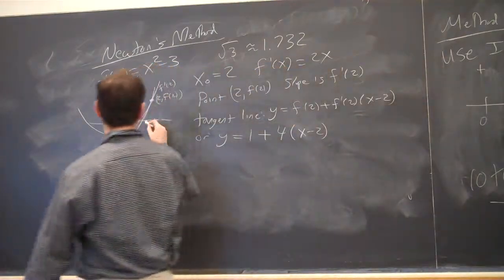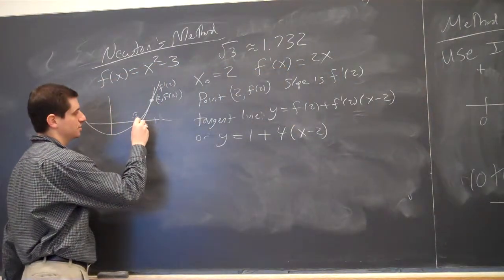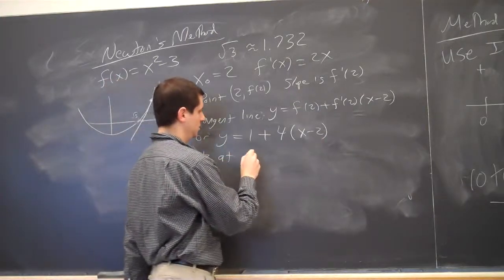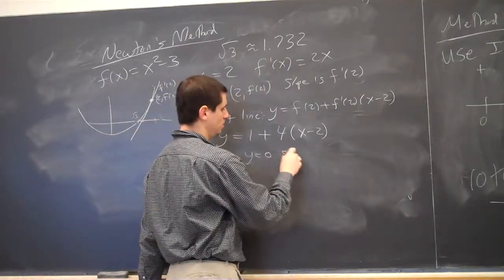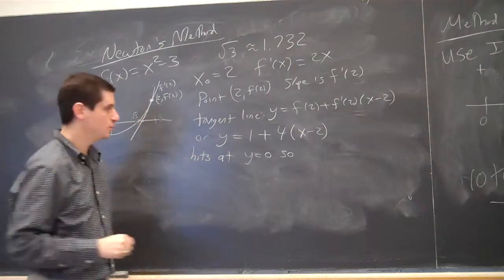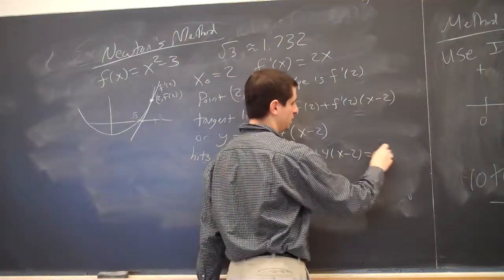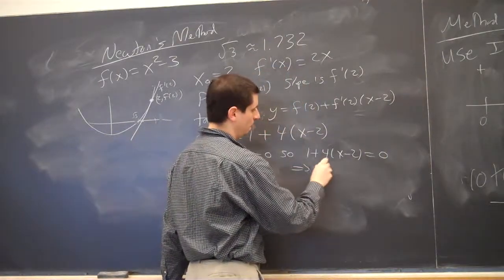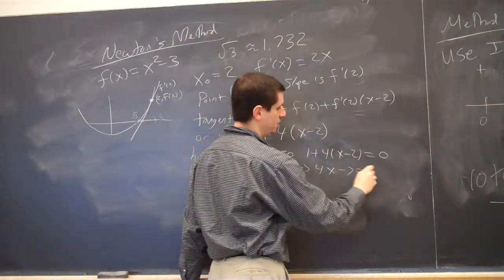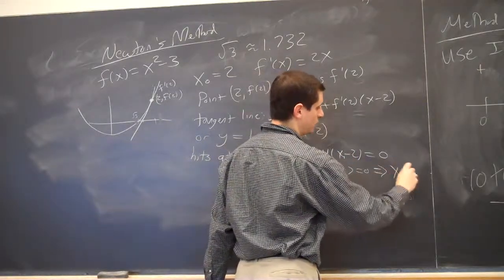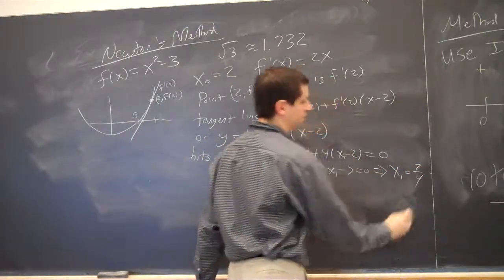So we can solve for where the tangent line hits the x-axis, at y equals 0. So we need 1 plus 4 times x minus 2 equals 0. Therefore, 4x minus 7 equals 0. We'll call this point x1. Therefore, x1 equals 7/4.